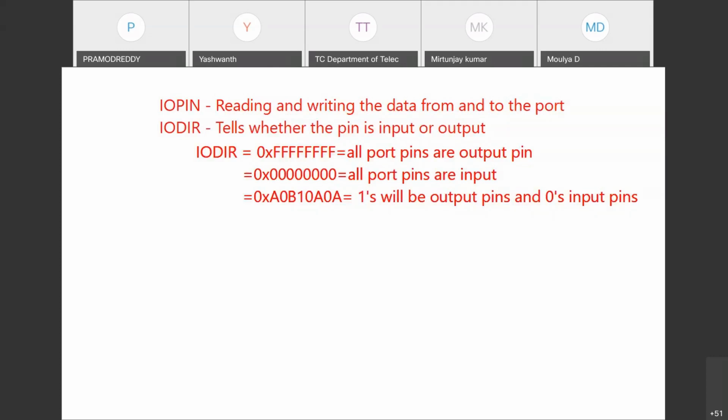IO clear. What is the meaning of clearing? It puts the pin into low state. So if I put 1 as the output, it will set, which means data 1 at the output.